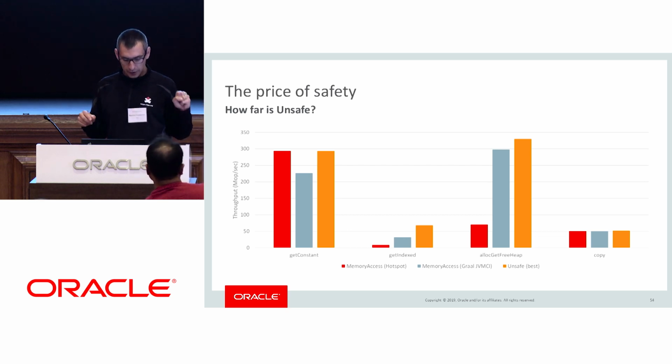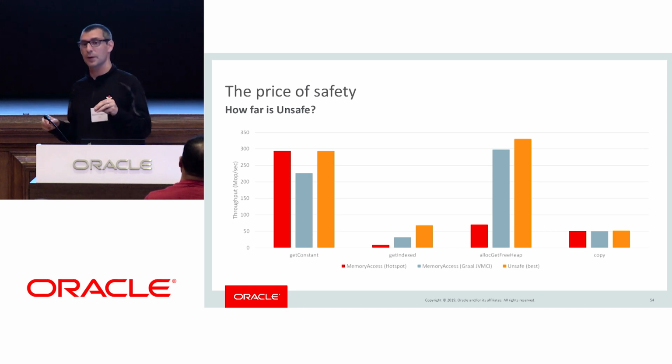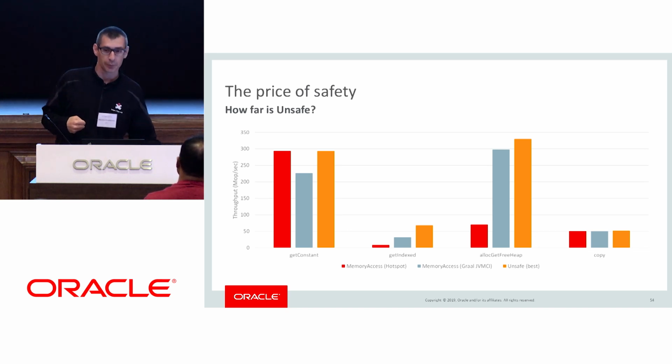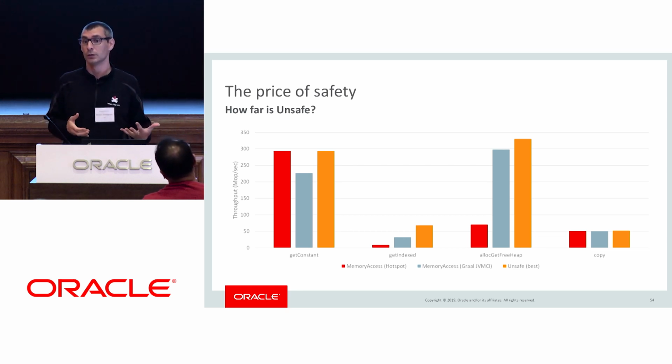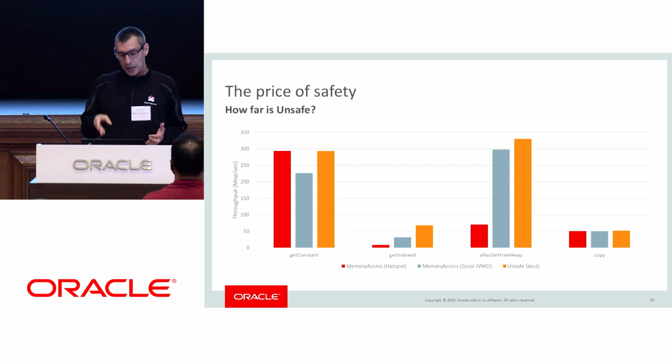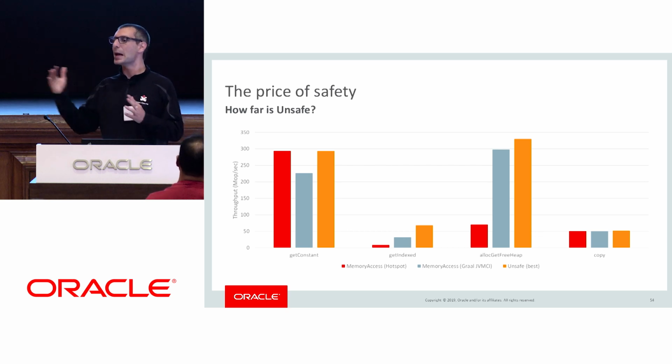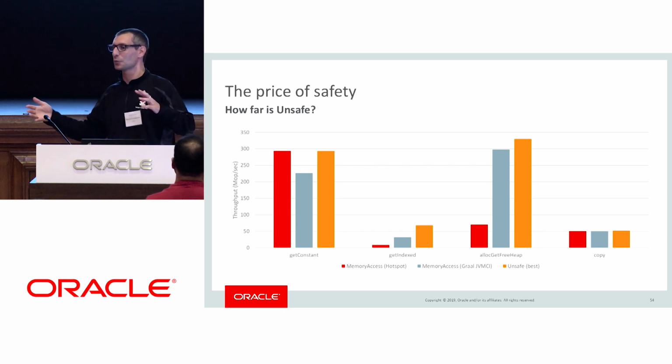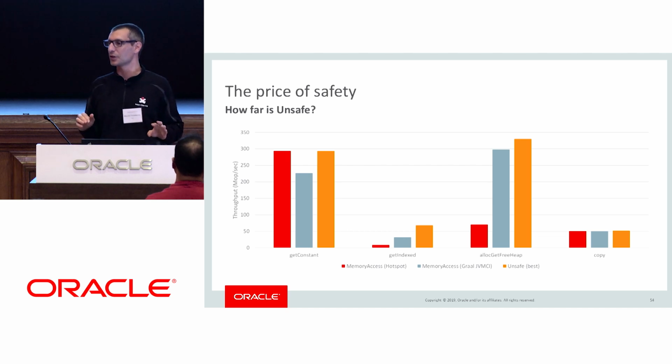The blue bar is Graal with the JVMCI option. Unfortunately, I couldn't use Graal Community Edition or the Enterprise Edition because I needed VarHandle support, so I needed something greater than JDK 8. And the orange bar will show you the performance of Unsafe, which is basically the best between Graal and HotSpot. So I just wanted to have everything on the same slide.